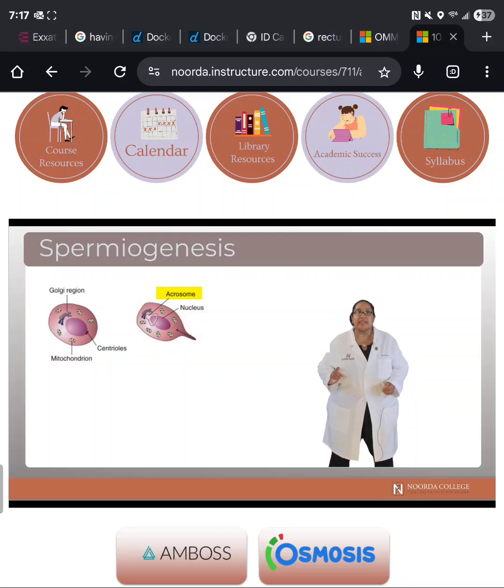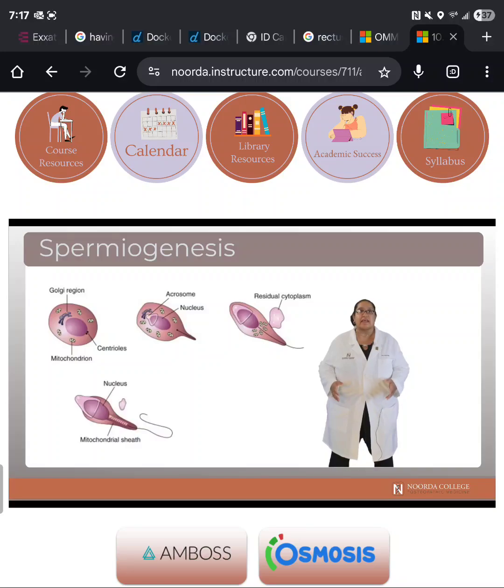The centriole initiates the assembly of microtubules in the tail for movement, while the residual cytoplasm is shed. Now, the mitochondria gathers in the middle piece, and you can think of this as an engine that powers the movement of the sperm, which is why it's arranged around that tail.